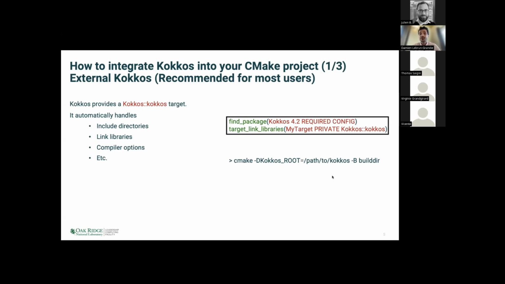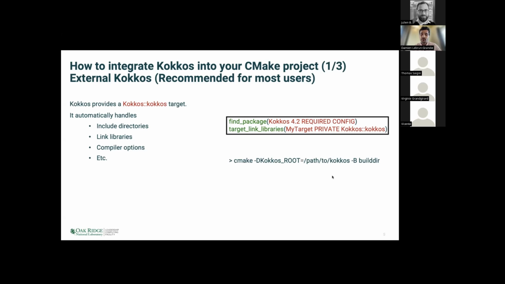So -DKokkos_ROOT with a K uppercase, which is a usual way you can specifically tell CMake where you would like to find Kokkos, and you give preferably an absolute path to where you have previously installed Kokkos. And voila, that's as simple as what we recommend to most users.